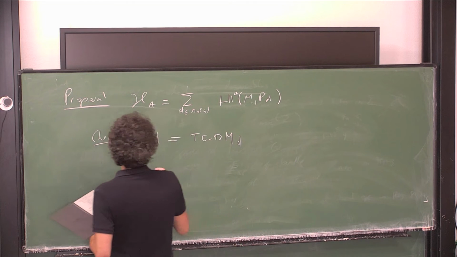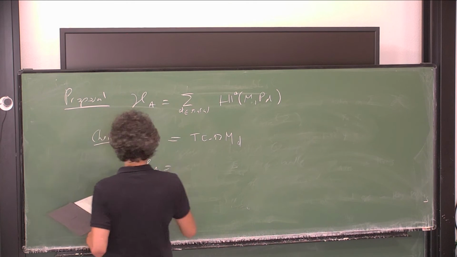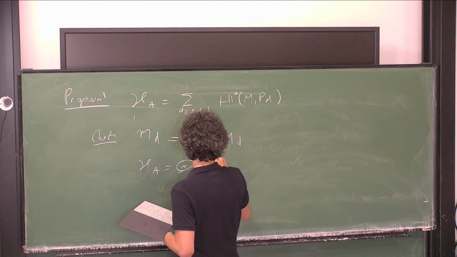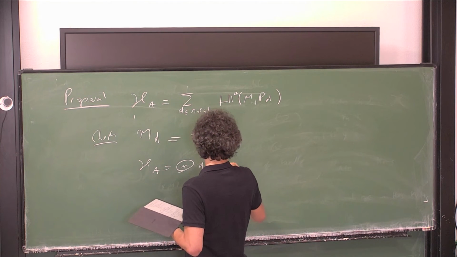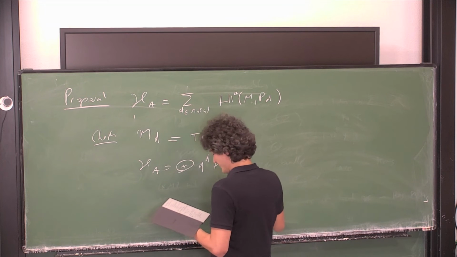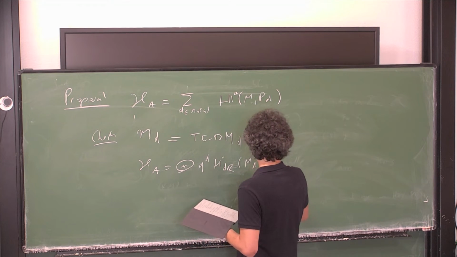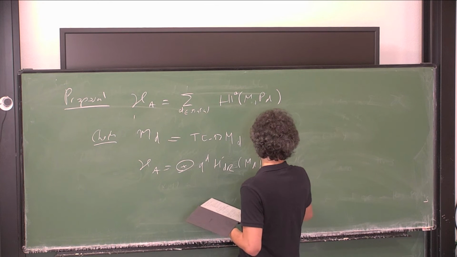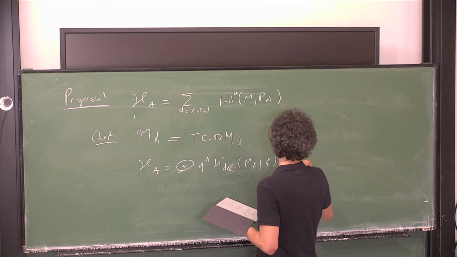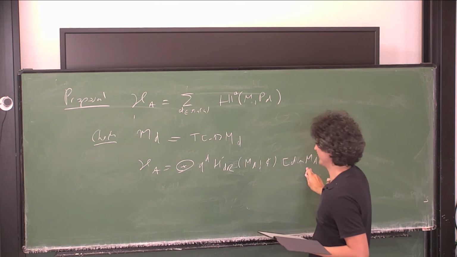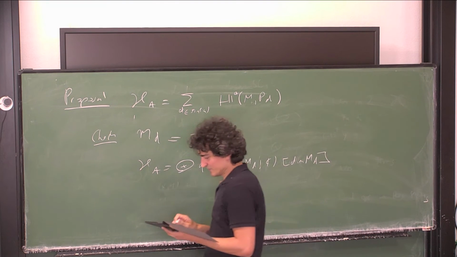And so what you get back is that the space of states is essentially a sum over de Rham cohomologies of MD with some shifts in the grading. So this is a nice check.